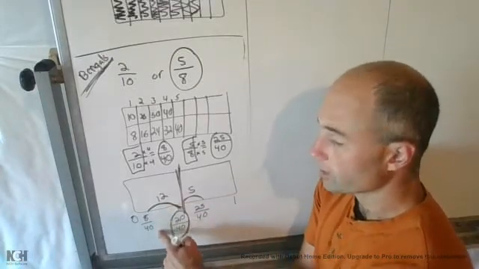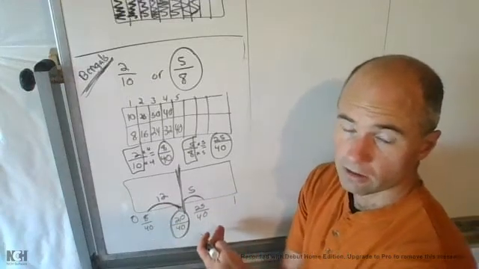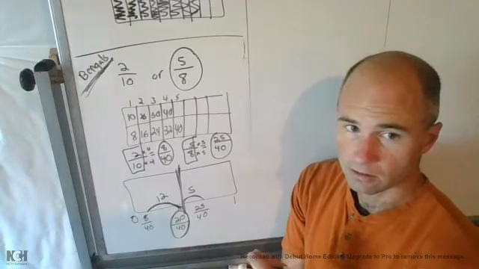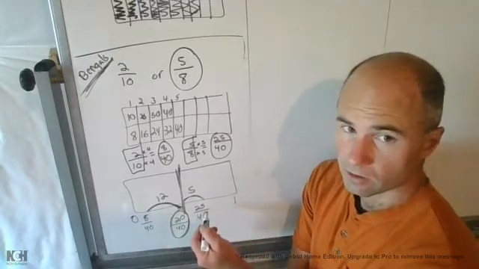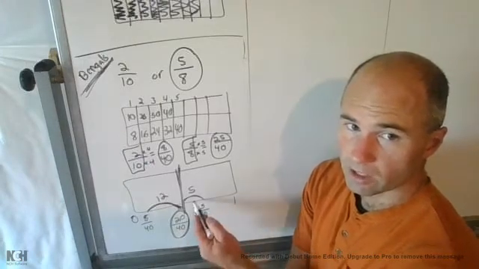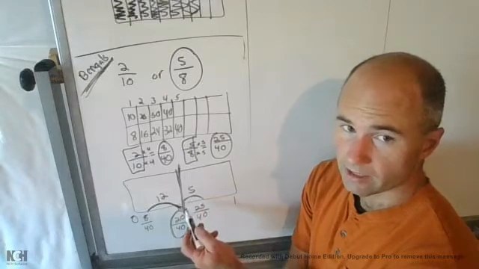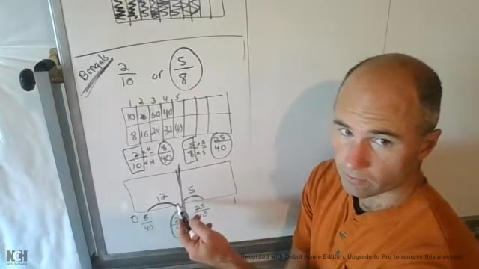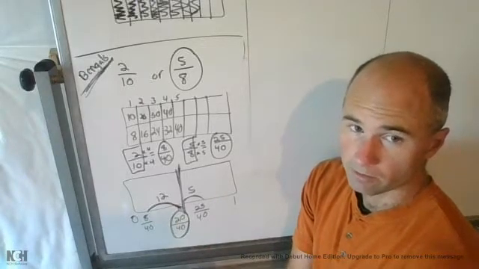8/40 would fall somewhere over here. 25/40 would fall over here. So which one is closer to the 20? 8 or 25? So what's the difference between 25 and 20? It's 5. The difference between 20 and 8 is 12. What number is smaller? That's what you want. You want the smaller number.